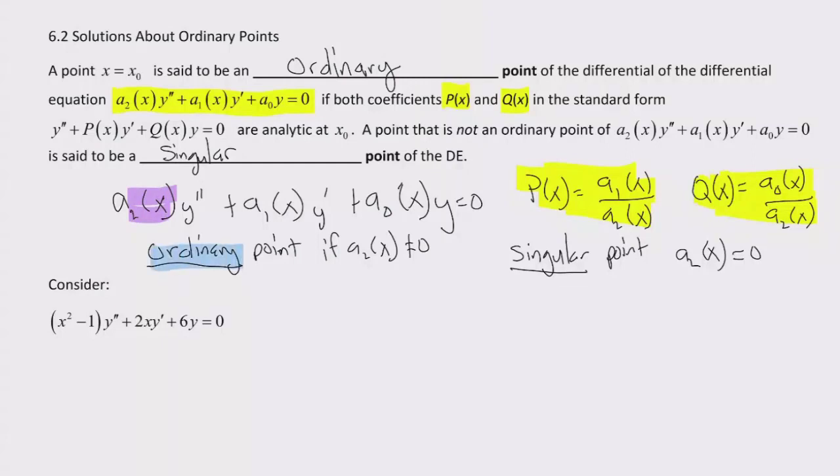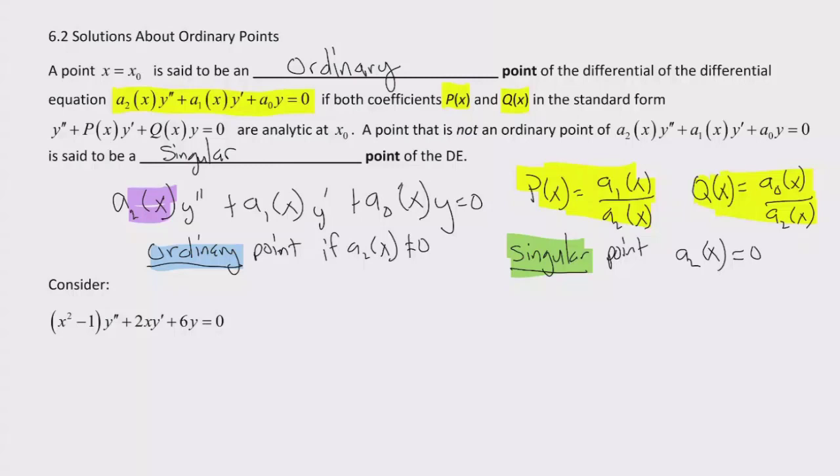A point that is not ordinary is defined to be singular. So that would be this other definition here, where that leading function of x in front of the second derivative, if it has a solution of some type, that solution itself we refer to as a singular point.